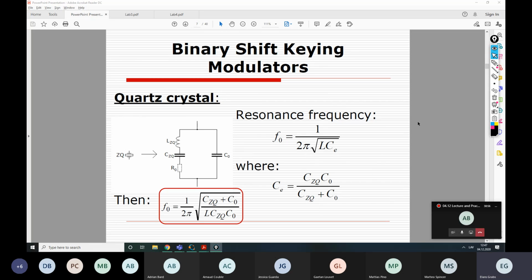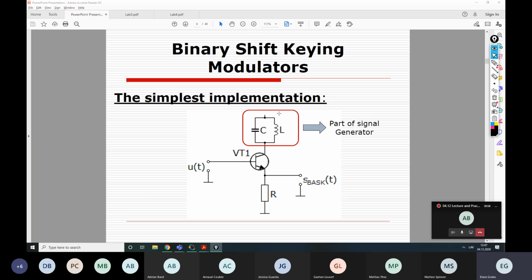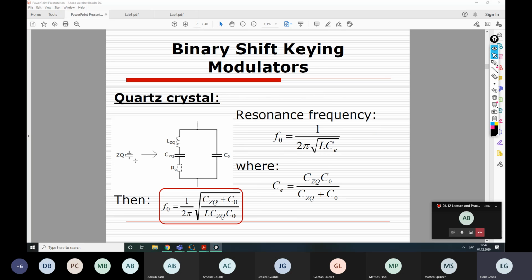Now, of course, nowadays we usually don't use the resonance contours directly. We use instead quartz elements, which are denoted by this symbol and this abbreviation, right? Quartz crystal.